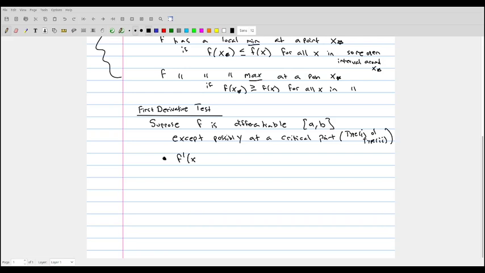The first derivative test tells us that if the derivative of the function is greater than 0 when x is greater than x naught, the critical point. We'll actually use x star for the critical point.